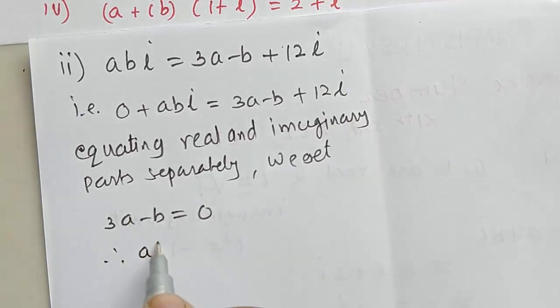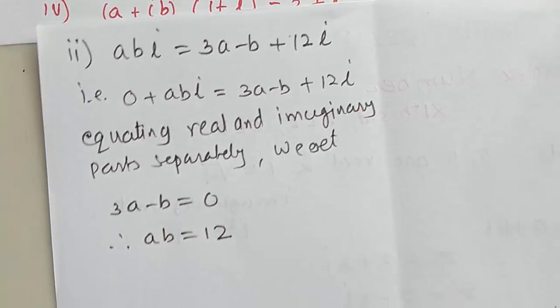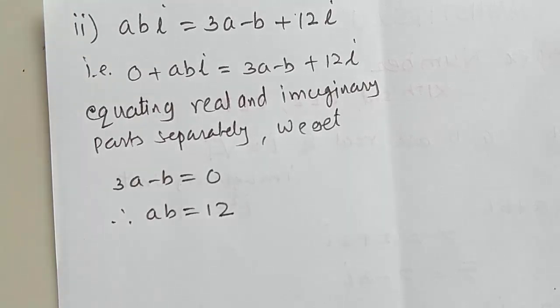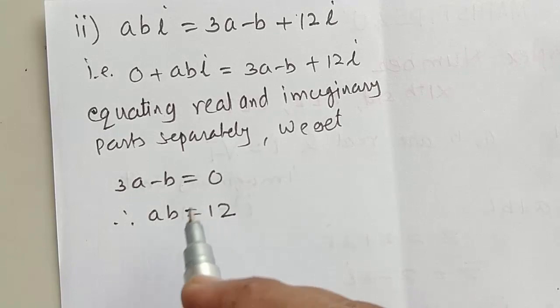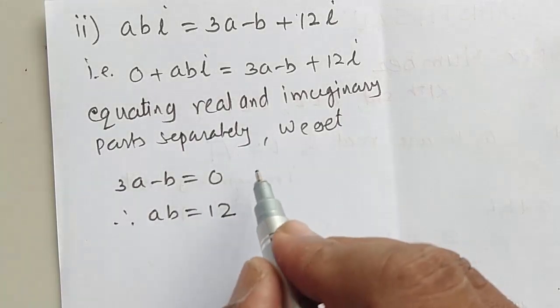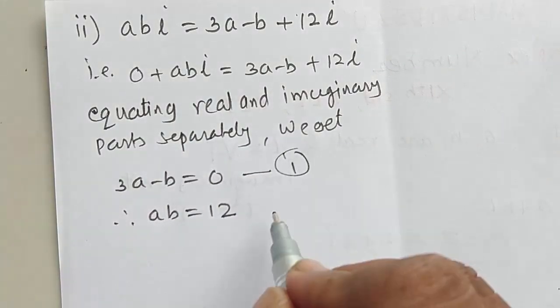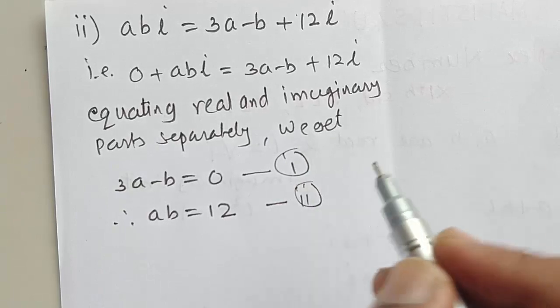So, a into b is equal to 12. Therefore, we got two equations, equation number 1, equation number 2.